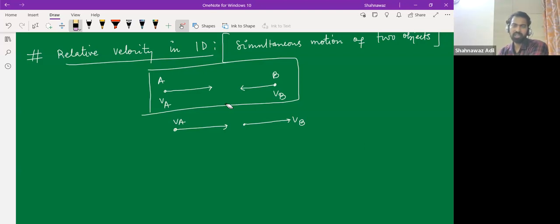Let's say that two cars or two trains are coming in the same direction, right? Their velocity seems to be increased or decreased. This is what I'm asking. Let's say that one train is moving in this direction and another train is moving in the same direction, and then you saw it outside the window.